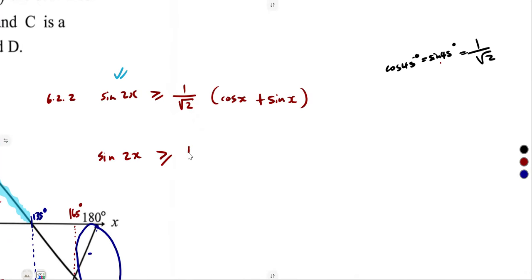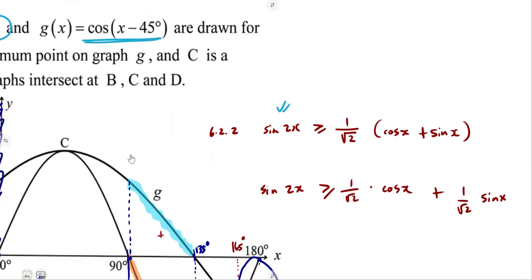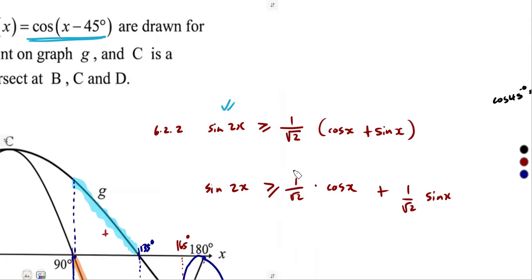So if you were to simplify this, 1 over square root of 2 times cos x plus, we multiply here by 1 over square root of 2, so it's 1 over square root of 2 times sine of x. You are going to notice that it is the identity for cos(x minus 45). For us to have this one, remember, it's supposed to be cos x cos 45 plus sine x sine 45.